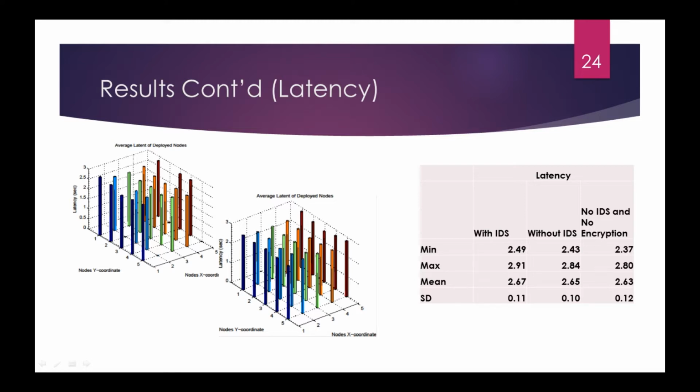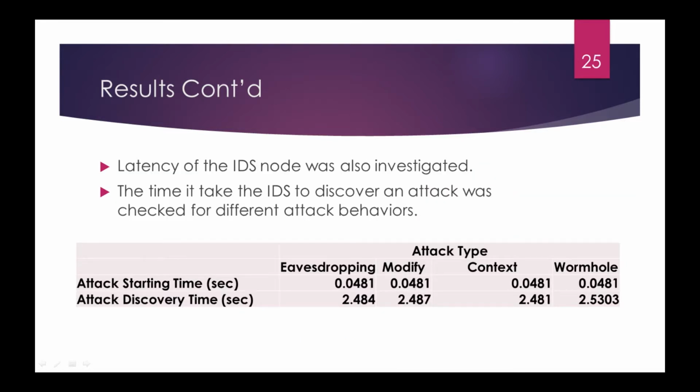The ones with the zeros are the fog nodes, and this is using the baseline, which is the one without any encryption. You can see that there is no difference. That's why we have to present it in a tabular form to actually see how close these values are. We also try to see how long it takes the IDS node to find an attack and to truly identify it with the right category.